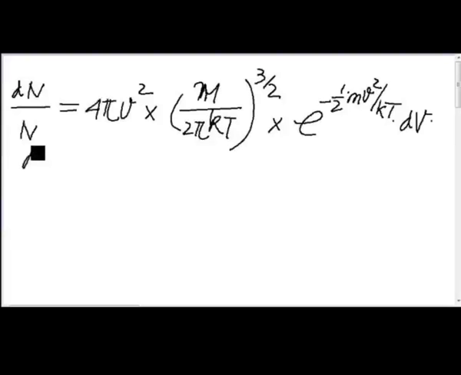And you know dN per N per dv is the Maxwell-Boltzmann distribution.